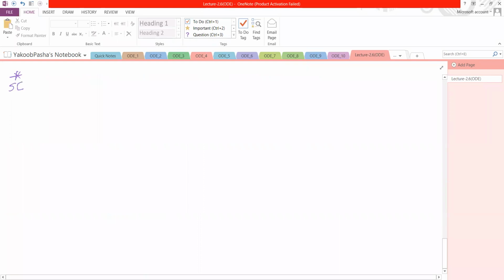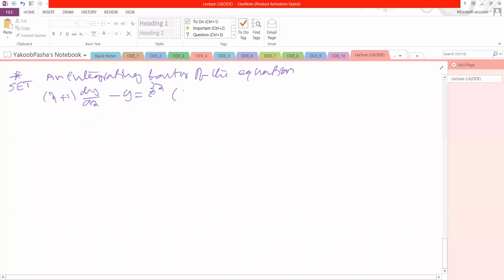An integrating factor of the equation x plus 1 into dy by dx minus y is equal to e to the power of 3x into x plus 1 whole square is.